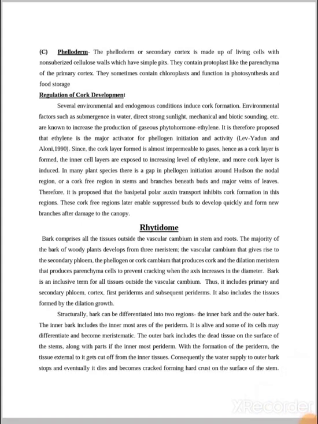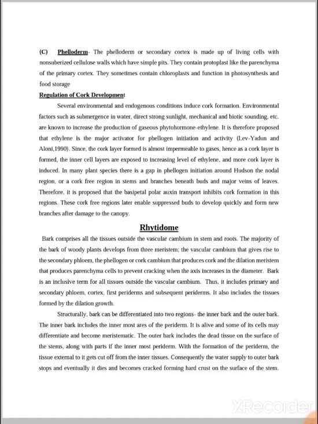Now, another term we study is rhytidome. Bark comprises all the tissue outside the vascular cambium in stems and roots. The majority of the bark of woody plants develops from three meristems: the vascular cambium that gives rise to the secondary phloem, the phellogen or cork cambium that produces cork, and dilation meristem that produces parenchyma cells to prevent cracking.